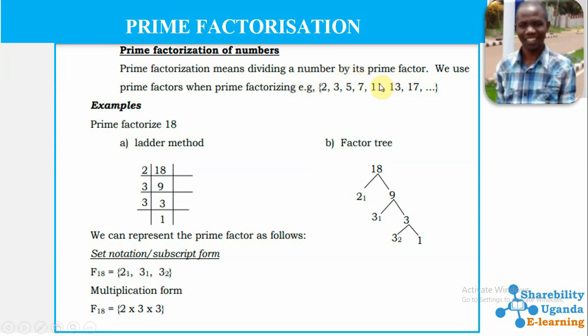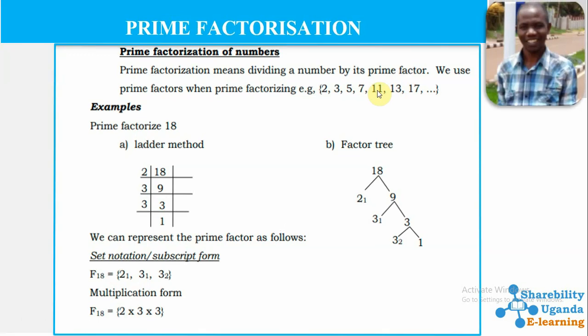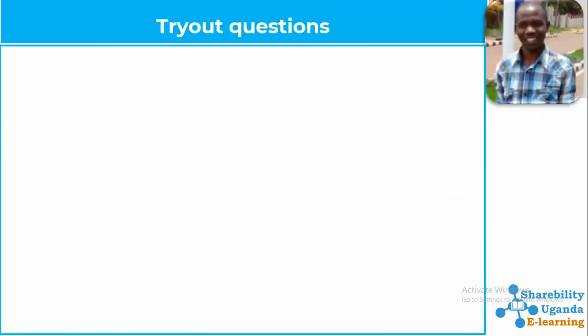Remember, in our recent video, we talked about factors of a number. Because here they are telling us that prime factorization means dividing a number by its prime factors, that means we shall not do away with factors.